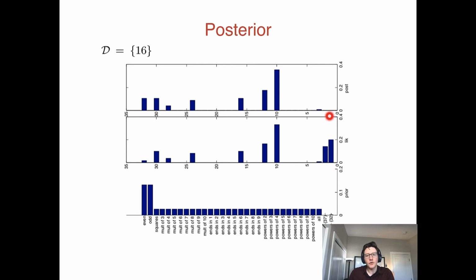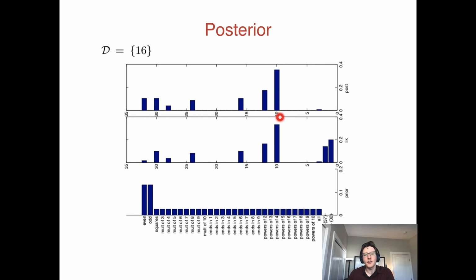They still get 0 for a posterior. Other than that, a bunch of rules show up with high probability in our posterior. The one that gets the biggest boost is even, because we have a very large prior on it. So even though the likelihood might not be so high, it gets a pretty high posterior.